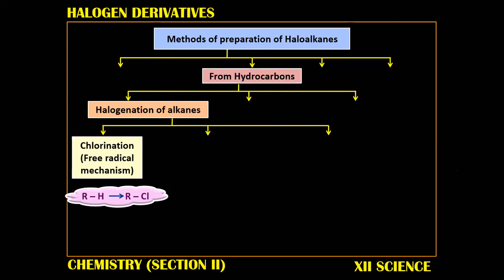Now we'll do chlorination in detail. First heading, hydrocarbon, Roman number 2. Under that, first one, halogenation of alkanes. Under that, category A, chlorination. In bracket, write down free radical mechanism. Now I'll show you chlorination in detail.